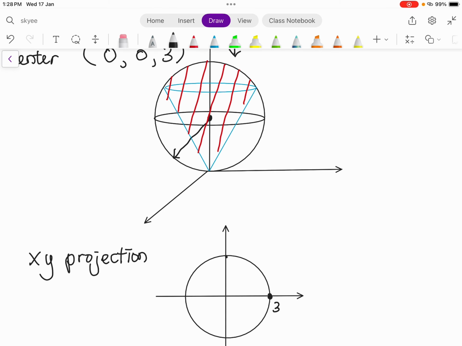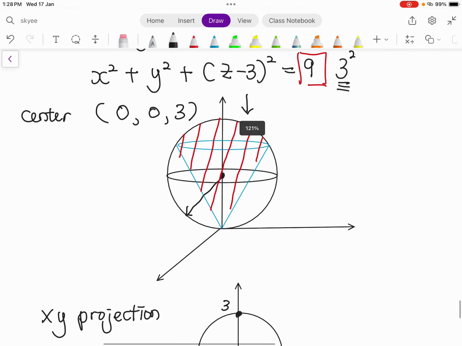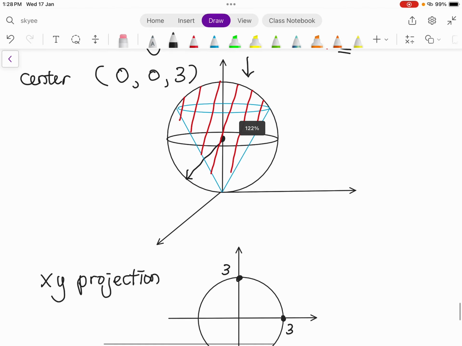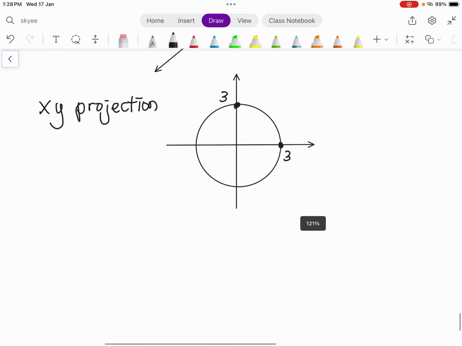Yes, it would be 3. The Z is 0. So this is your XY projection, and we have completed question number 1.